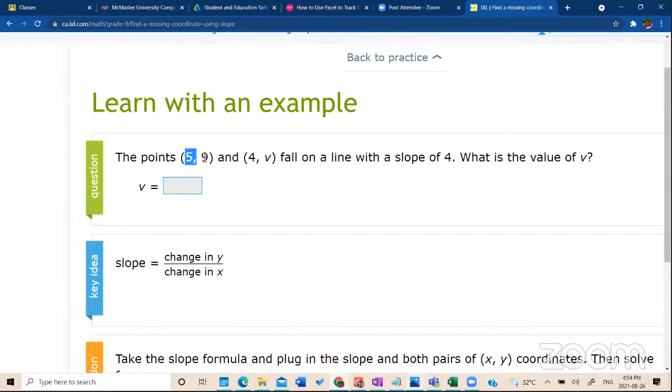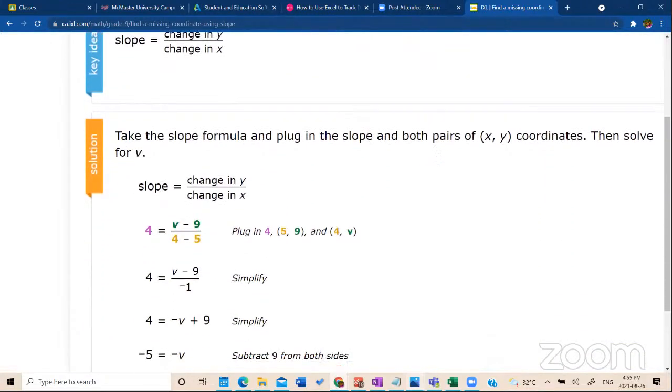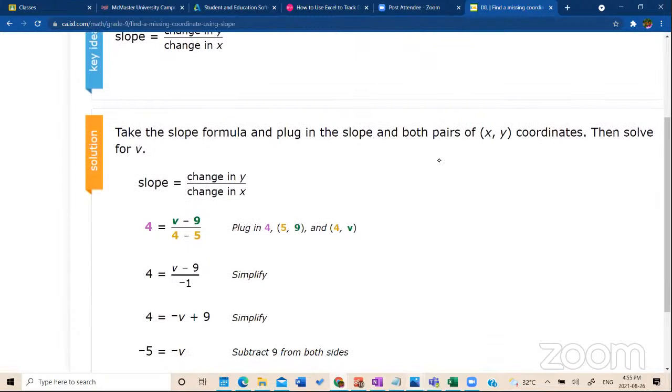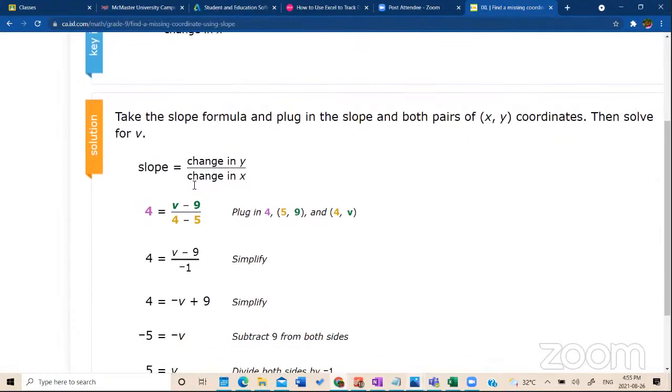So we know the coordinates for one point, and we know half of the coordinates of the other, and we're given the slope. So how we would do this is 4 equals V minus 9 over 4 minus 5, right? That equals the slope of 4.